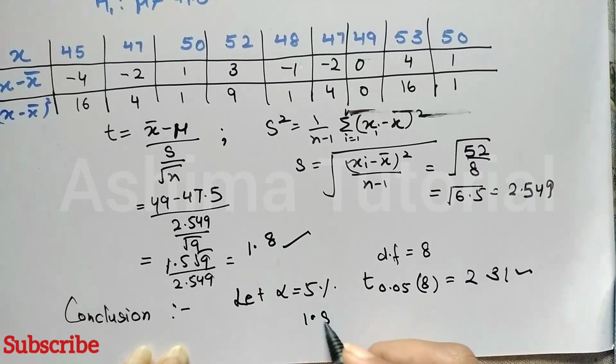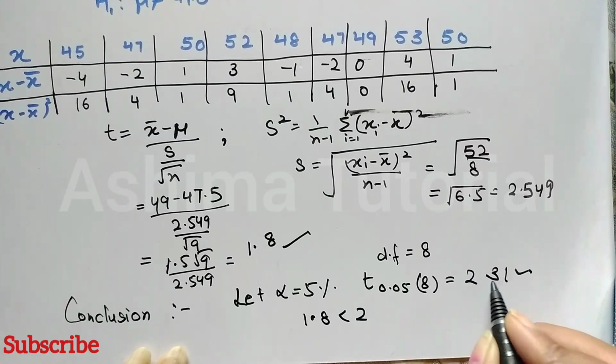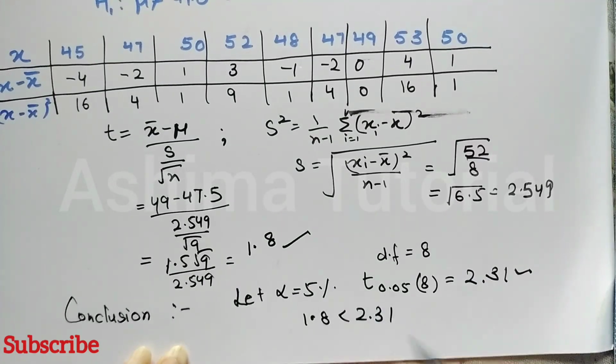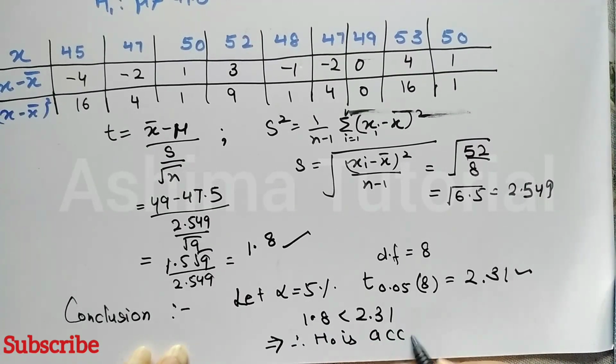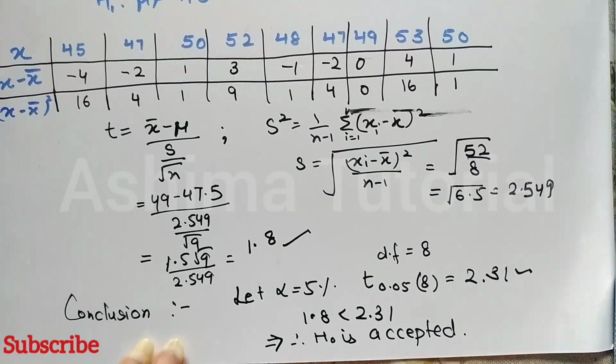Now by comparing these two values, 1.8 is less than 2.31. It implies therefore H0 is accepted and there is no significant difference in sample mean and population mean.